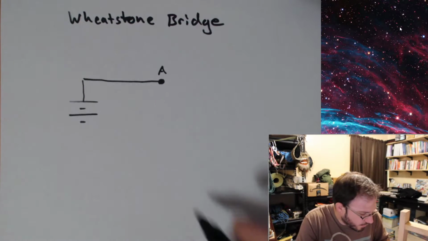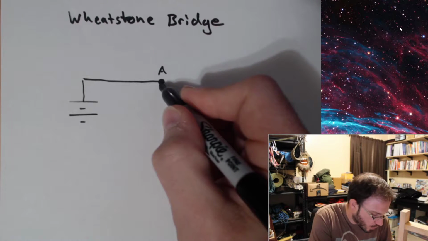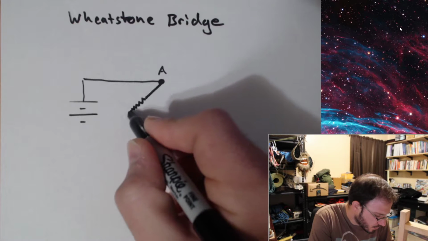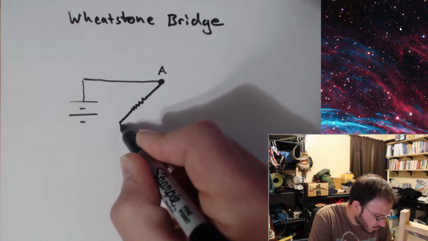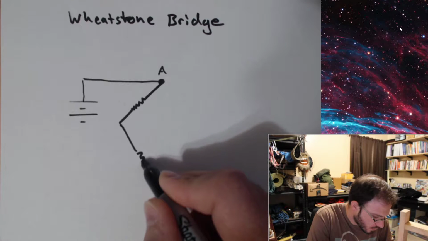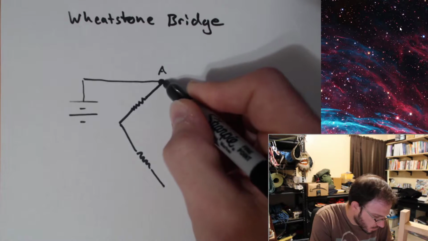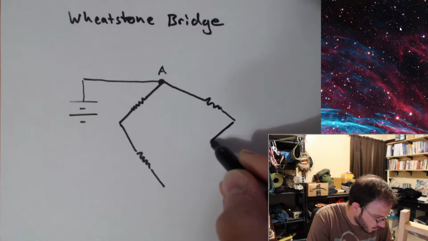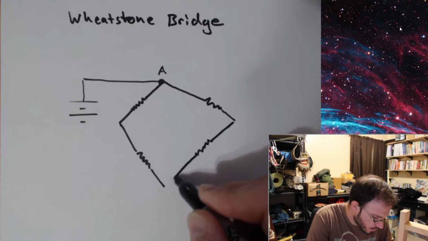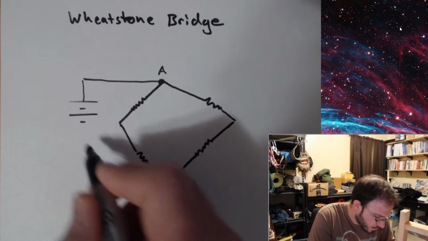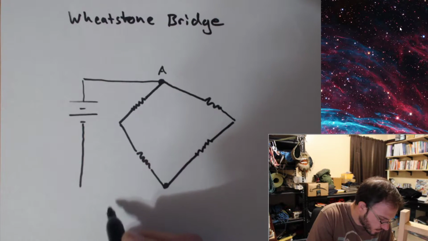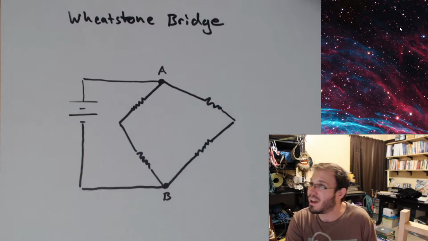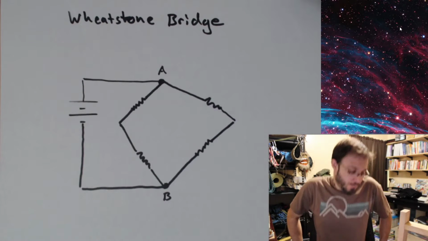I'm going to refer to this node as point A. And this point as B, and apparently I'm not very good at drawing diamonds.